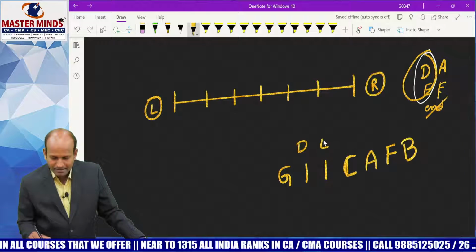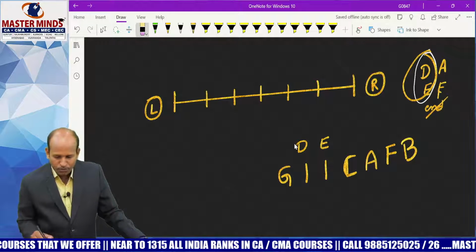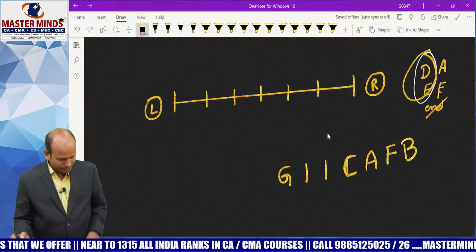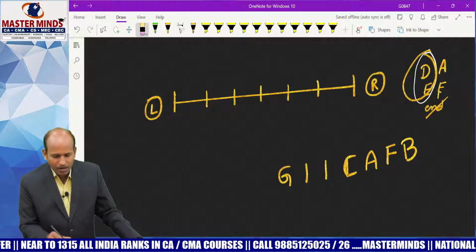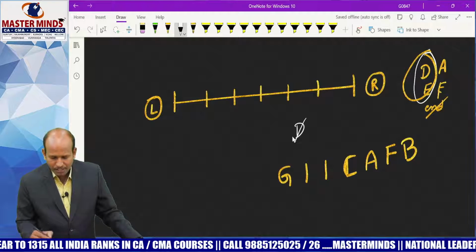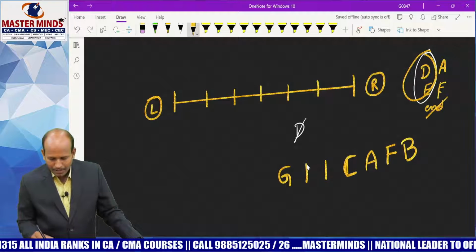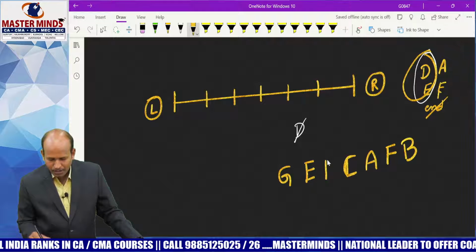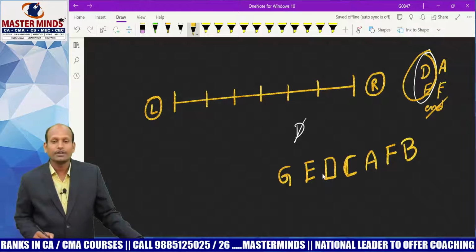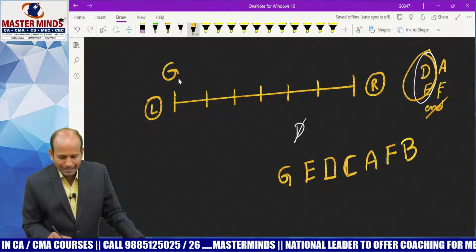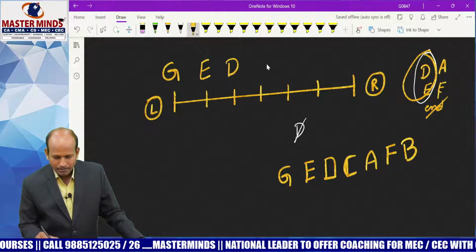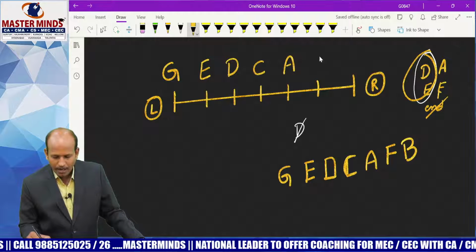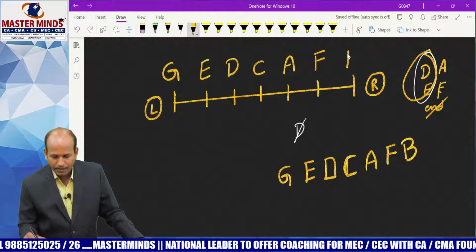These two are the places of D and E, but we don't know which is D and which is E. D is not a neighbor of G. If D is not a neighbor of G, then this place belongs to E and this place belongs to D. So the total seating arrangement is G, E, D, C, A, F, B.